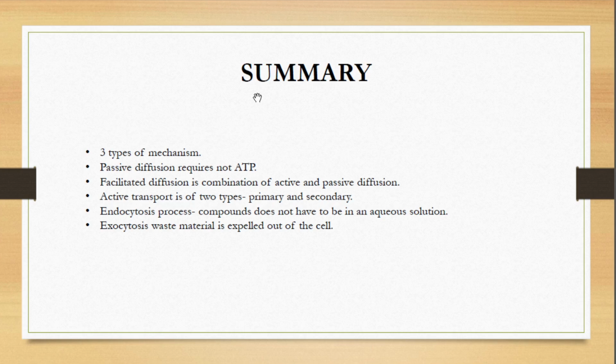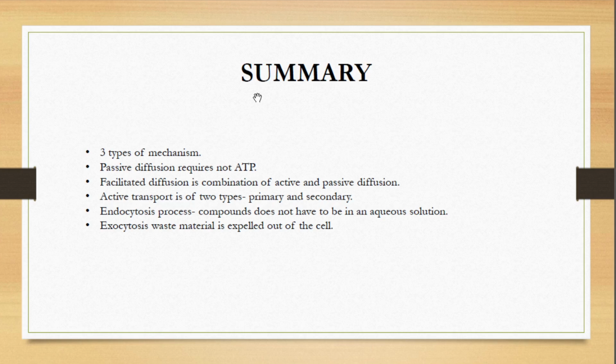Up to this, now let's have a recap. In this part, we mainly discussed the mechanism of the transportation of molecules from the cell. There are mainly three types of mechanism, that is transcellular, paracellular and vesicular.